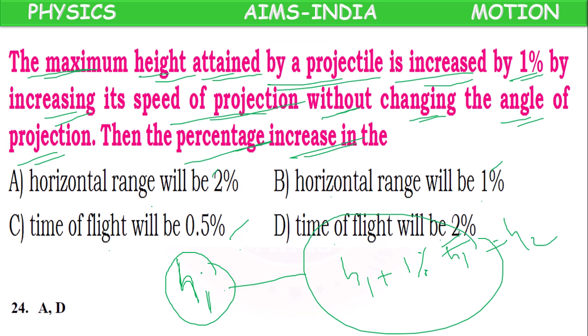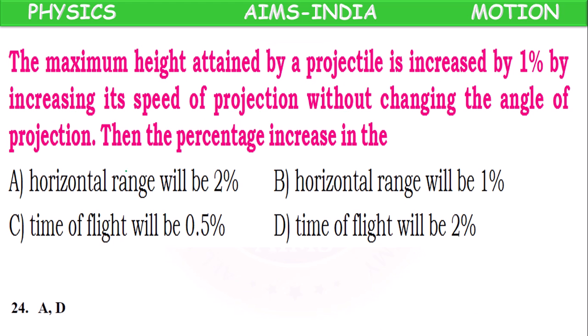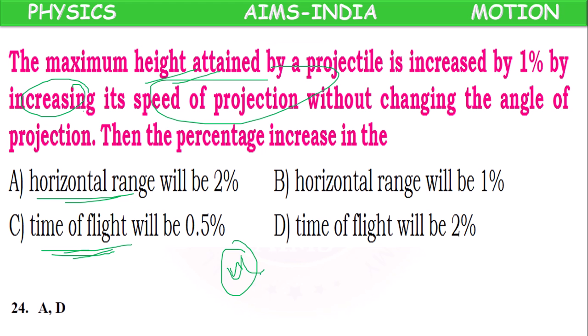If the height attained is increased by 1%, what will be the increase in horizontal range and in time of flight? The height is increased by increasing the speed of projection, the u value, but not changing the angle of projection.